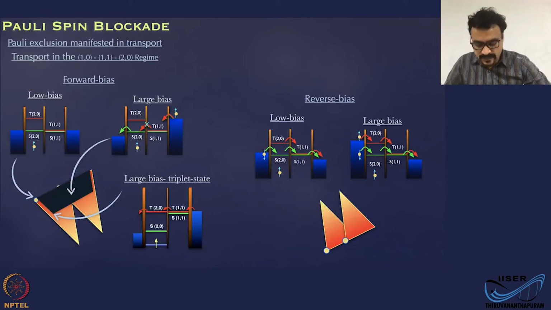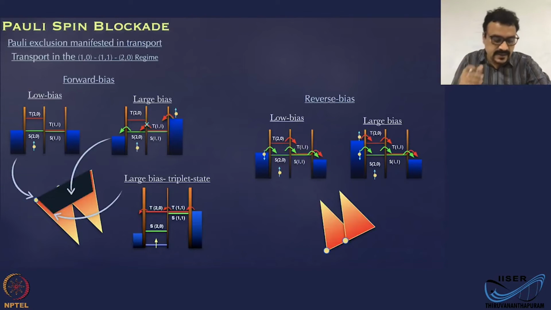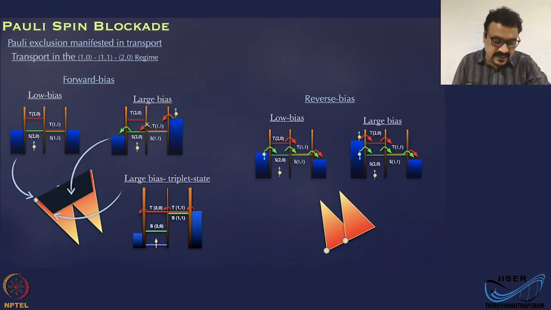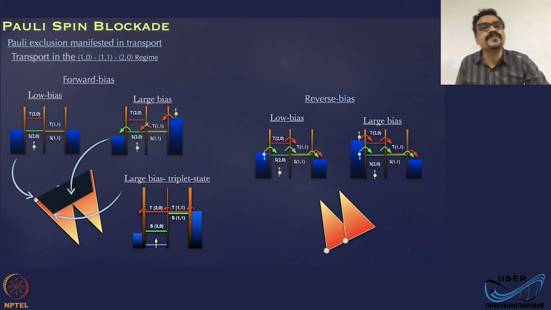Okay. After discussing the singlet and triplet states of the single and double quantum dot systems, I think now it is time that we discuss a very important and crucial phenomenon in the transport through a double quantum dot system, that is generally referred to as Pauli spin blockade or simply spin blockade.